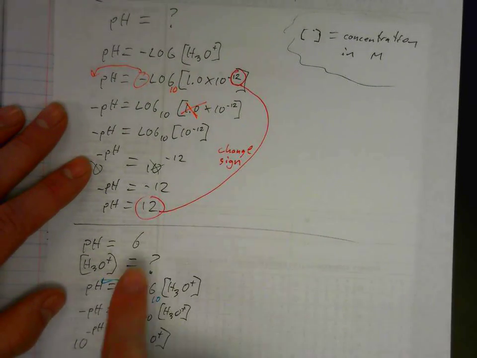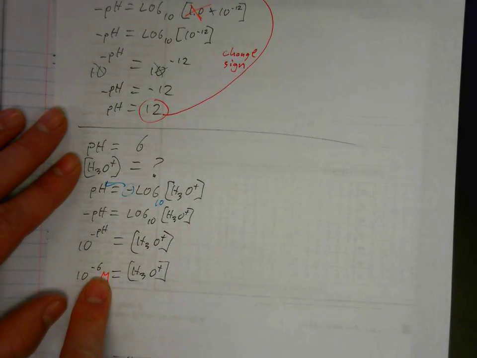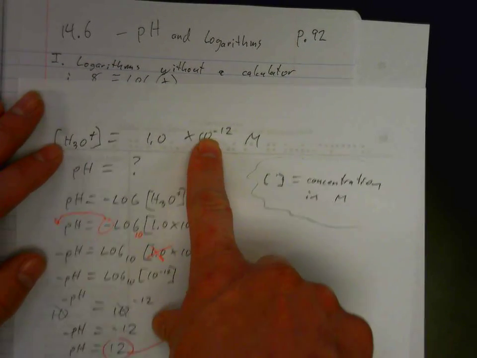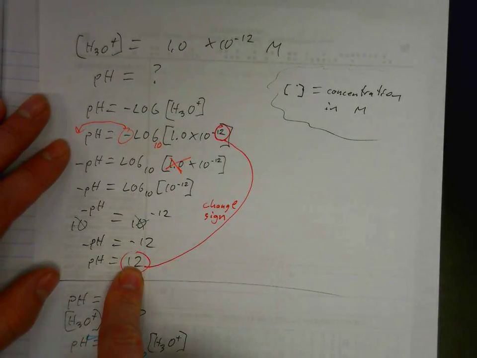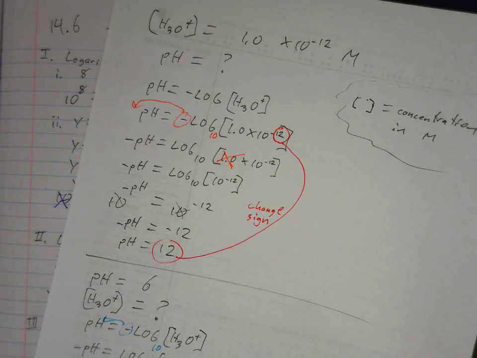Likewise, when we go from a concentration value to pH, the exponent, change the sign, becomes the pH. And then when we're switching between pOH and pH, it's simply a matter of subtracting from 14 to get those answers.